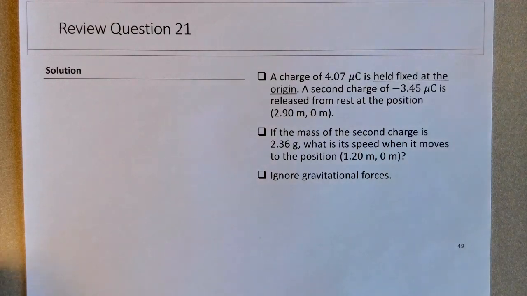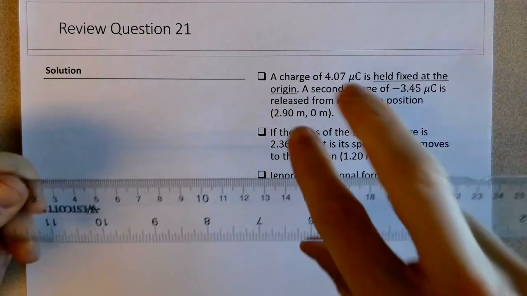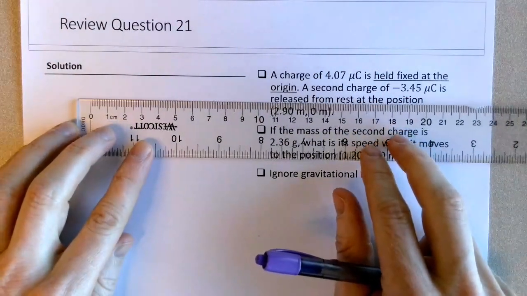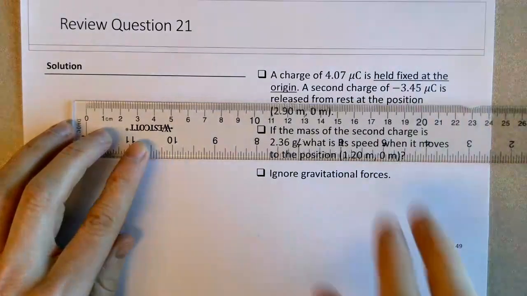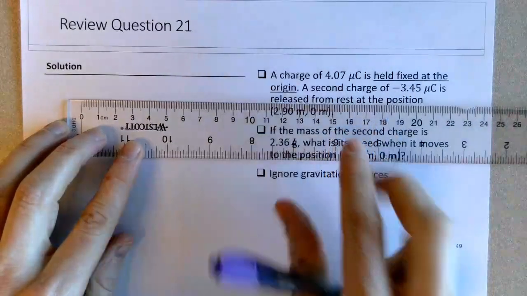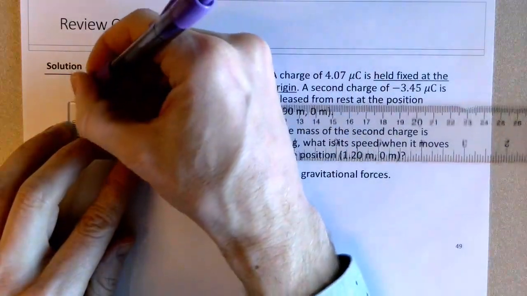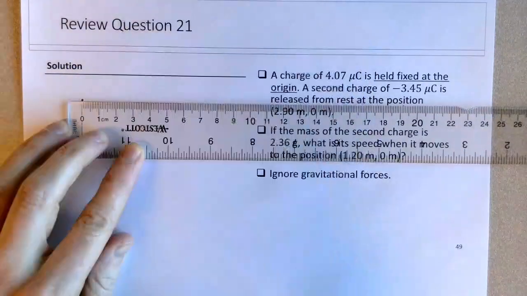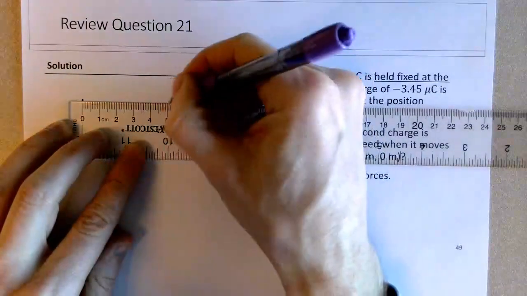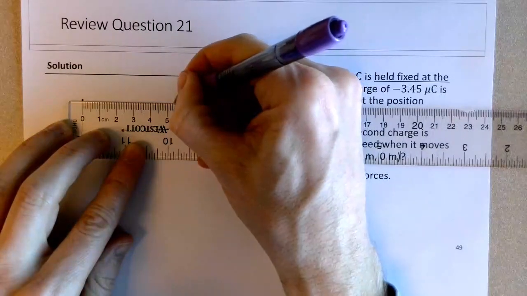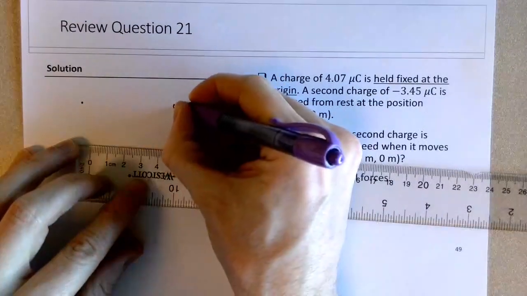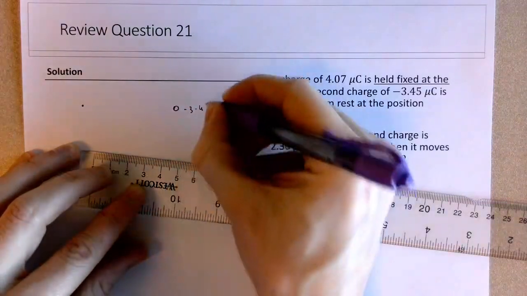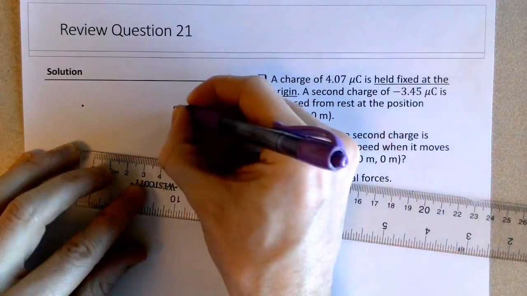So everything's done on the x-axis, so let's just draw a picture here. Maybe I can scale everything up by a factor of 2 on my ruler. I'll draw the first charge, the fixed charge here, and then at 2.9 meters we have our negative 3.4 microcoulomb charge.